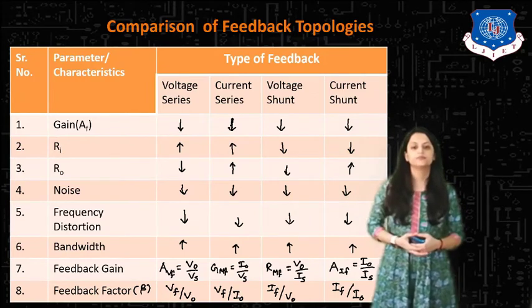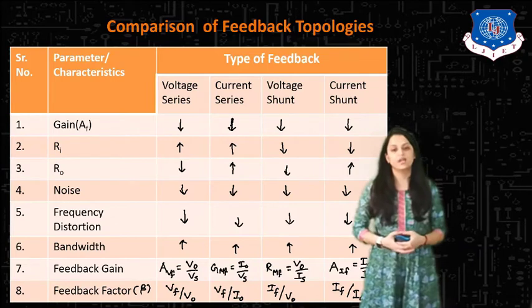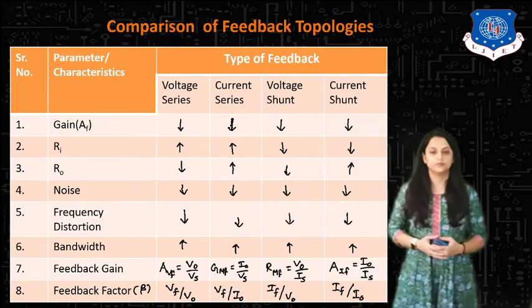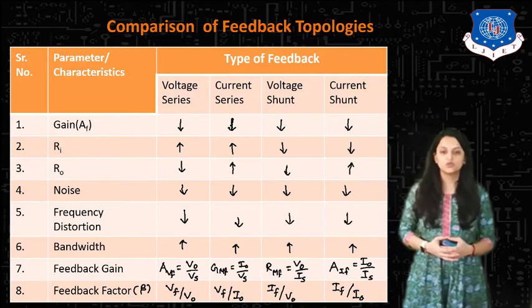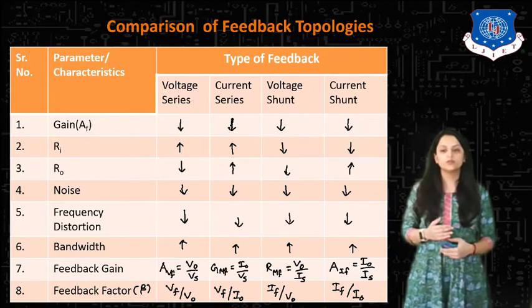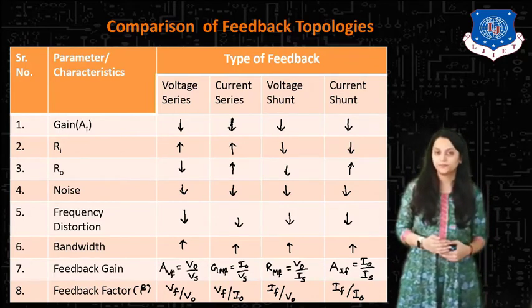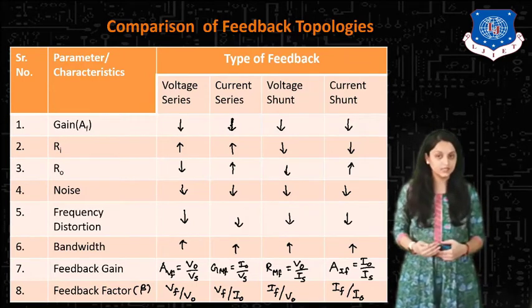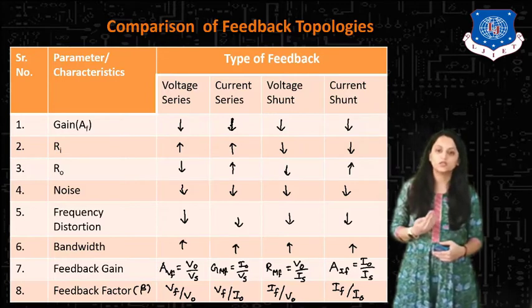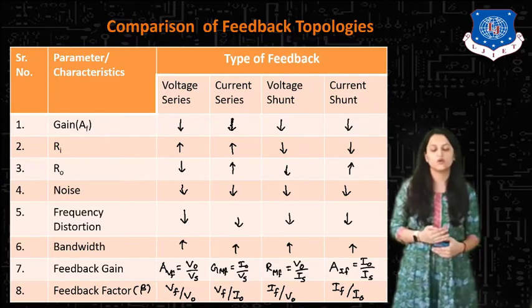Now, the fourth parameter is noise. If we look at the noise parameter, the noise for voltage series decreases, that is low. For current series, it decreases. For voltage shunt, it also decreases, and for current shunt, it also decreases.